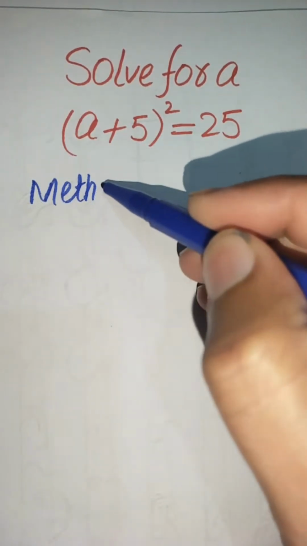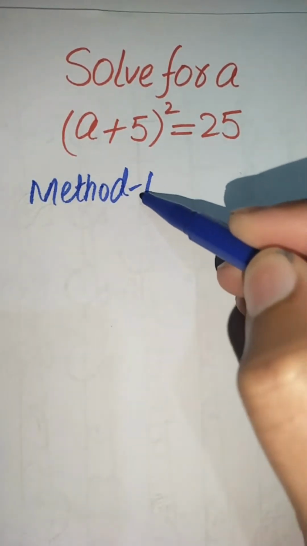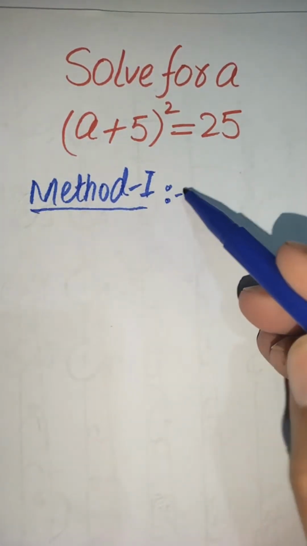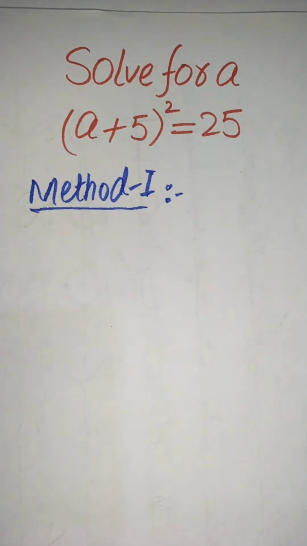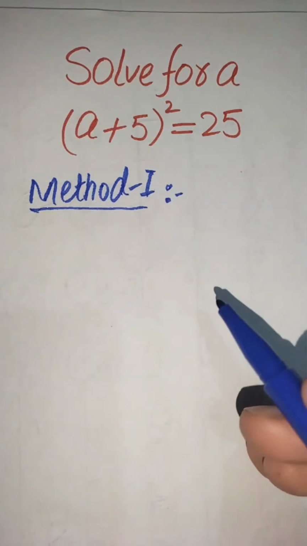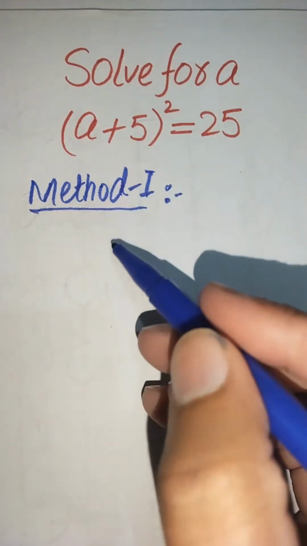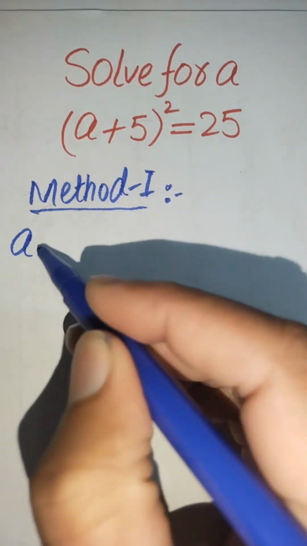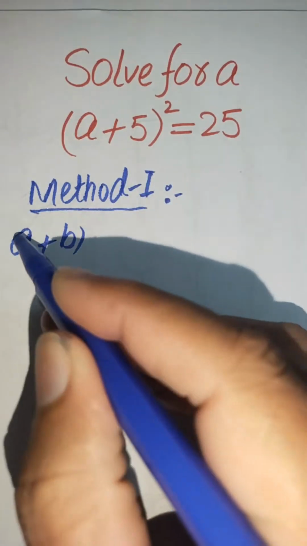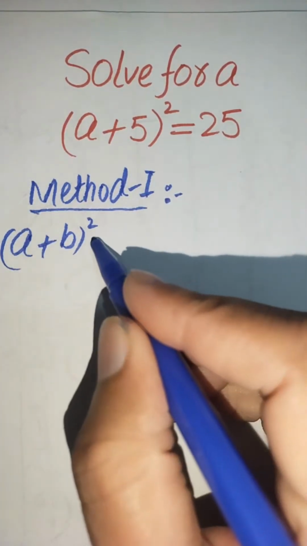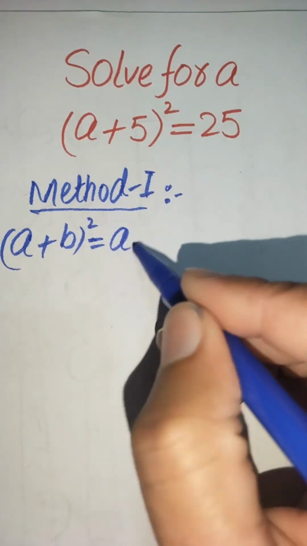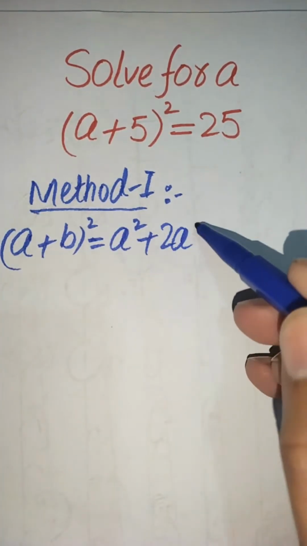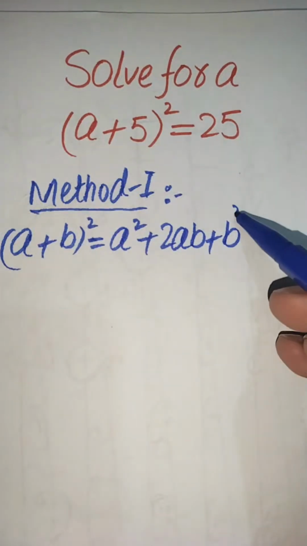In the first method, we use a nice algebraic formula on the left hand side. You know that (a + b) whole square is equal to a square plus 2 times ab plus b square.